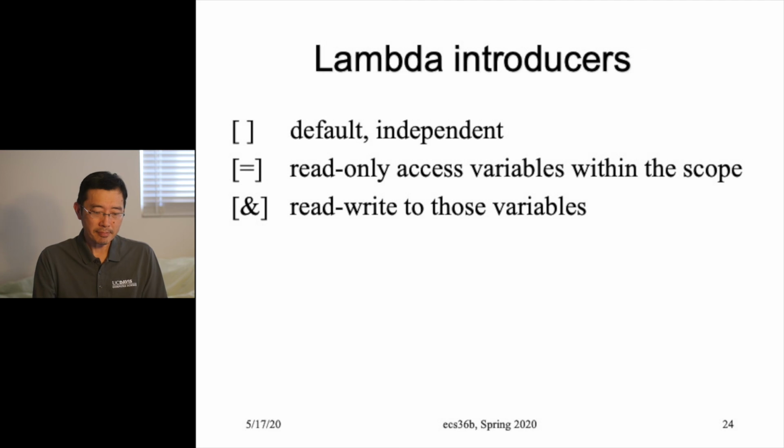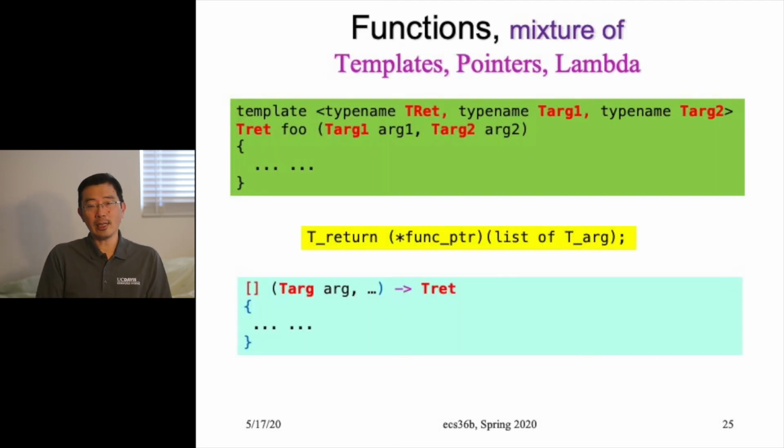Okay, this is what we talked about today. We talked about a lot of things about functions. They all relate to some kind of flexibility in defining functions over a variety of situations, and yet they have some commonality that we can solve using this concept called template.